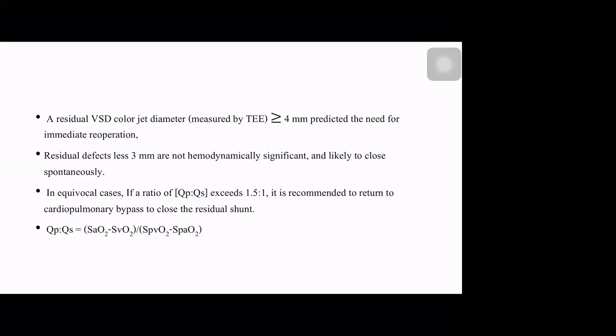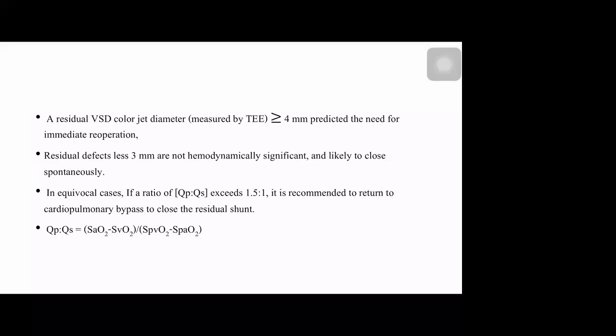If the size is more than 4 millimeter, there is need for reinstitution of the septal bypass, and we have to correct it. If the residual defect is less than 3 millimeter, generally these are not hemodynamically significant, and we can leave it hoping that it will be closed spontaneously.